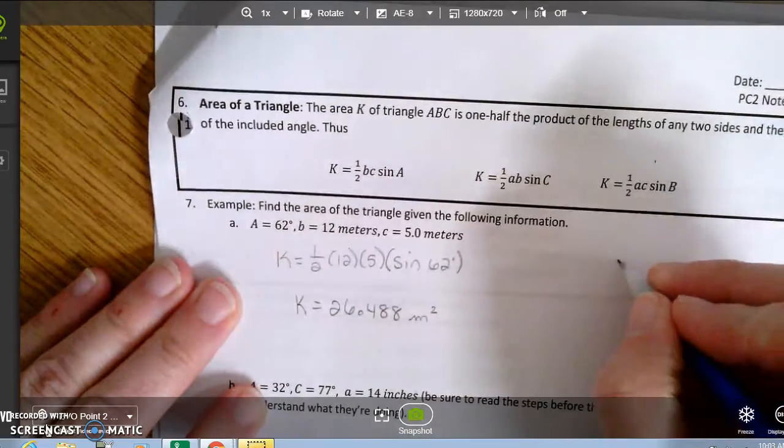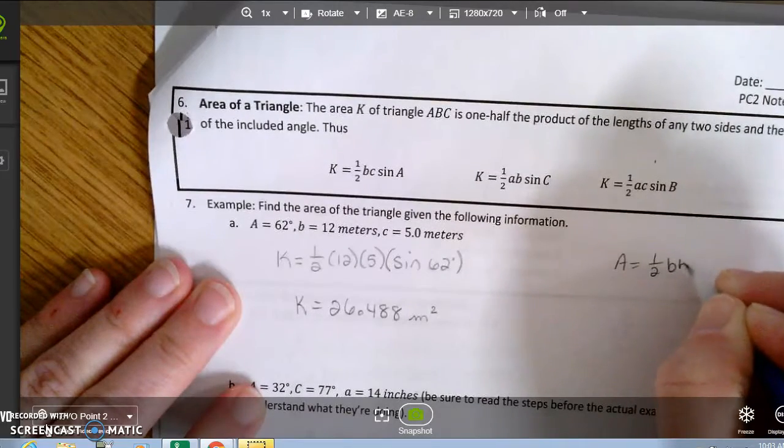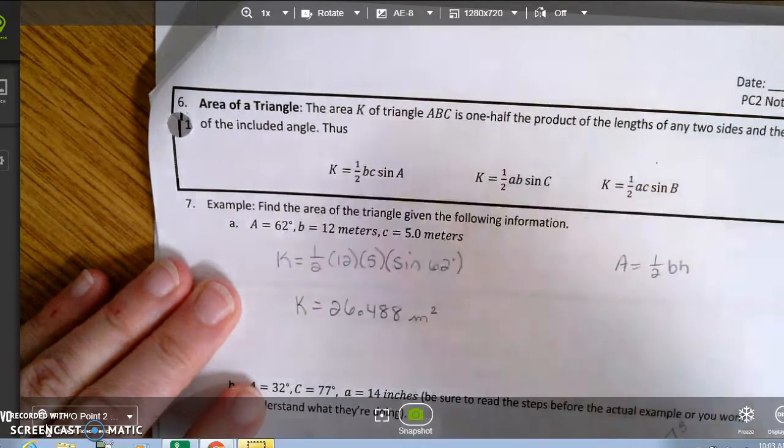Again, I can't use your standard formula 1/2 base times height, because in that case the height has to be a 90-degree angle, and this only works for a right triangle, so we don't have a right triangle, so you can't necessarily do that.